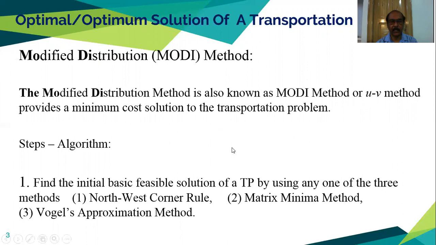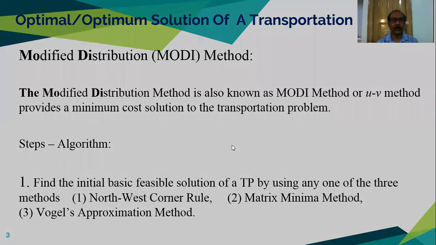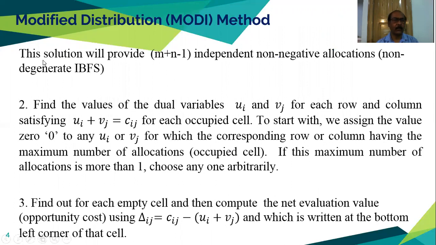If it is degenerate, then we have to resolve the degeneracy. This solution will provide m plus n minus 1 independent non-negative allocations, a non-degenerate IBFS, initial basic feasible solution.